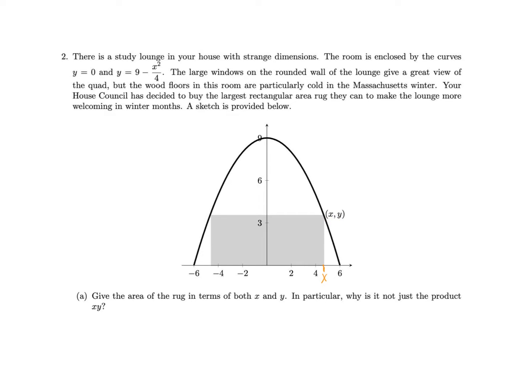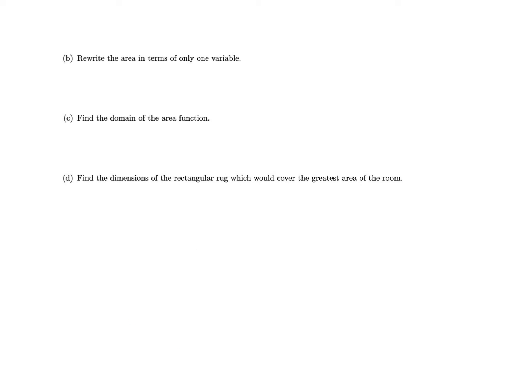So I want to give the area of the rug in terms of both x and y. That would be the base times the height of the rectangle. The distance from the origin to here is x, which means that the base of this rectangle is 2x. So the area is 2x times the height, which is y. To give the area in terms of only one variable, I'm going to use x as my variable.